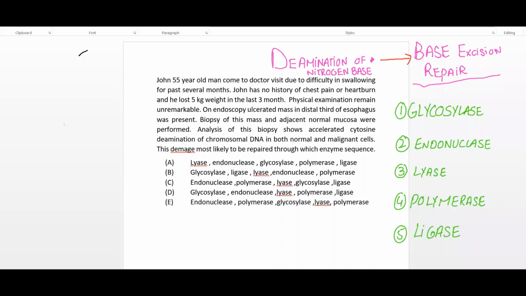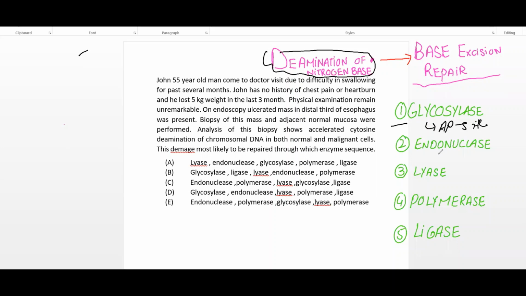The deamination of the nitrogen base leads to activation of the base excision repair mechanism of the DNA. The sequence of base excision repair is first glycosylase. Glycosylase identifies the deaminated nitrogen base, which is removed, leading to the formation of the AP site.